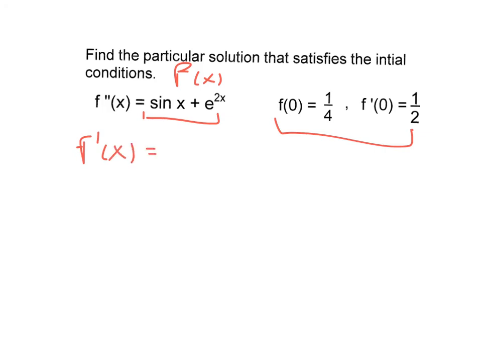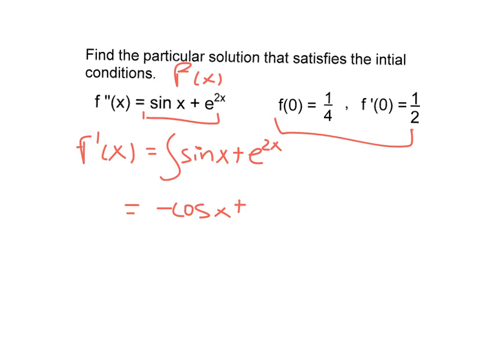So I'm integrating this, right? I should probably rewrite that. Integral of sine of x plus e to the 2x. Cool. All right. So that's going to equal, what's the integral of sine of x? Negative cosine of x. Plus the integral of e to the 2x.